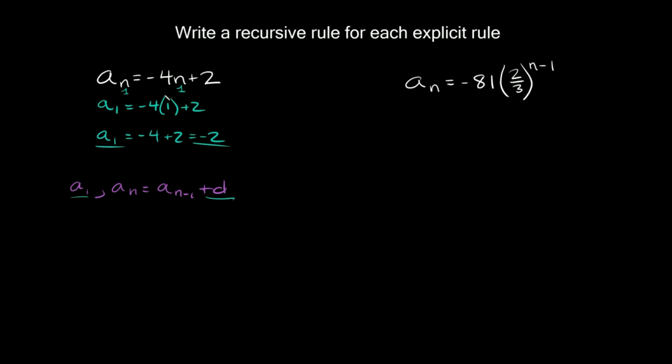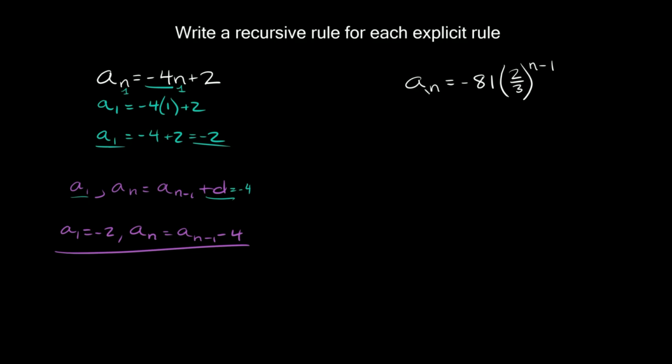That number comes from whatever number's attached to the n in the explicit rule, so negative 4. So d is equal to negative 4. If we write out our rule, we have a sub 1 is equal to the first term, which we found to be negative 2, comma, a sub n is equal to a sub n minus 1 minus 4. So that'd be the rule right there.